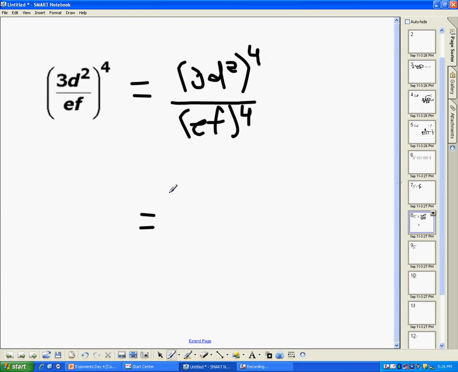So this is going to simplify to 3 to the power of 4, d to the power of 8, the 4 goes there, and then this 2 times 4 right here is 8, over e to the power of 4 times f to the power of 4. Again, I know that 3 to the power of 4 simplifies to 81, but for these purposes, we're just going to leave it where it is right now, okay?